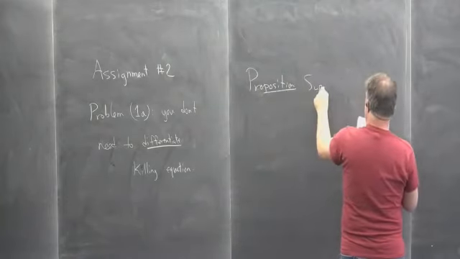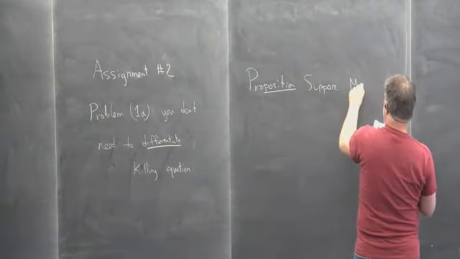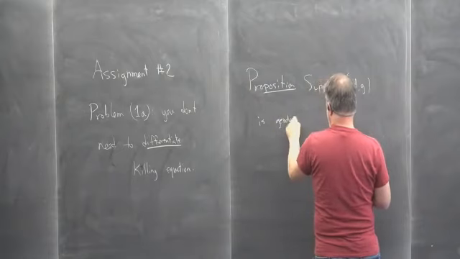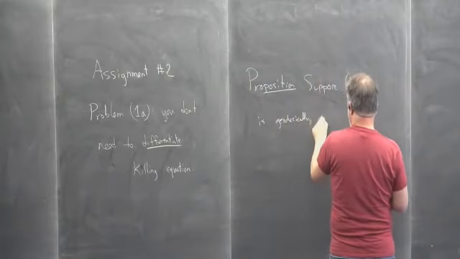Suppose M is geodesically complete. As I said, that means the geodesics exist for all time, all of them.